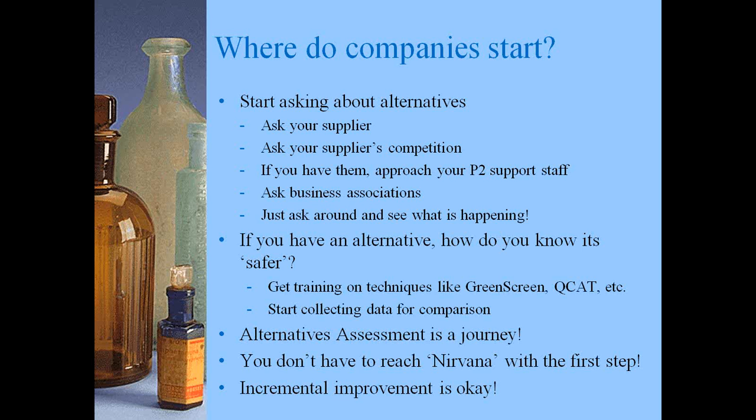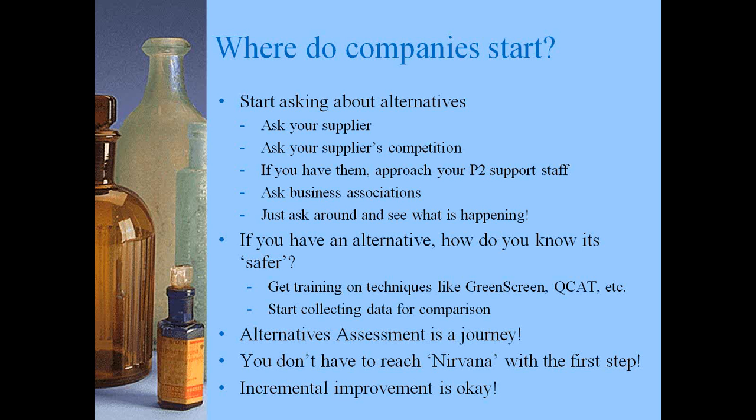I do want to point out, too, that alternative assessment is a journey. The way I phrase it is it's great if you can do it and find the best alternative on the first run, but typically if you're using a toxic chemical, you can start moving up the chain. Not replace it with another grade F chemical, but replace it with something that's a grade C or B or even, if you're lucky enough, A. It's okay to make that step in the short term with the realization that you may want to continue looking at it down the road for continual improvement.